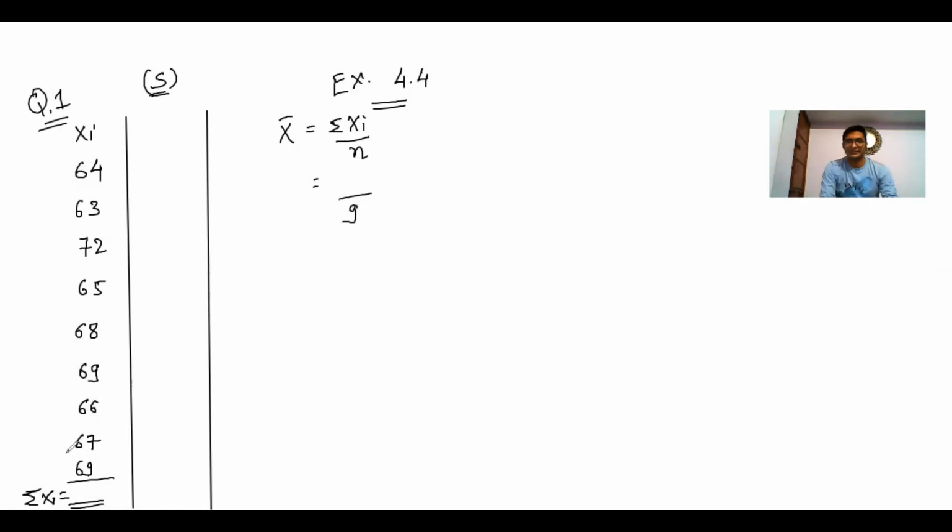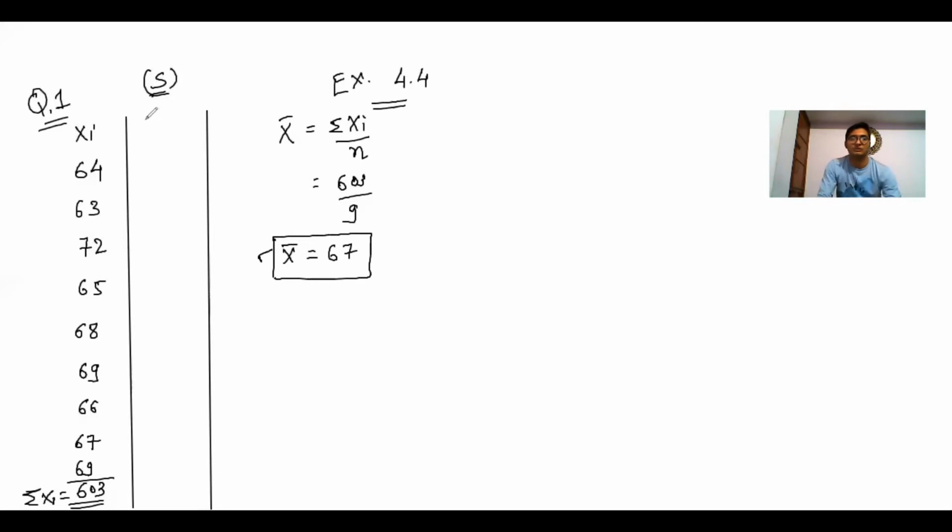Total of xi is 603, and 603 divided by 9. So our x bar answer is 67. Now here you can see that the value of x bar is an integer.